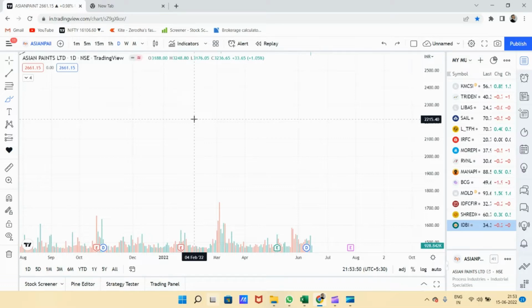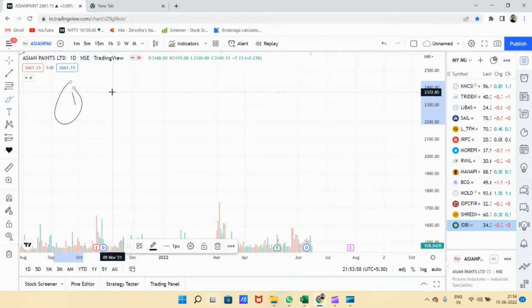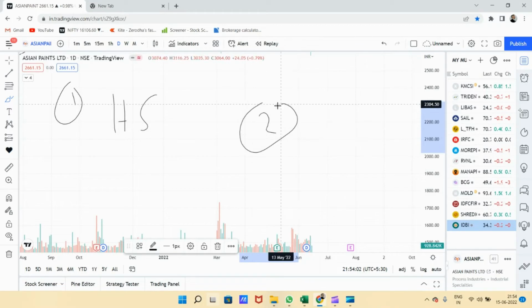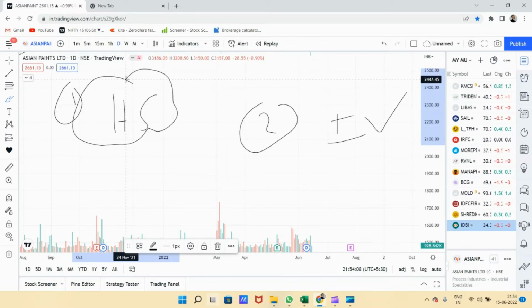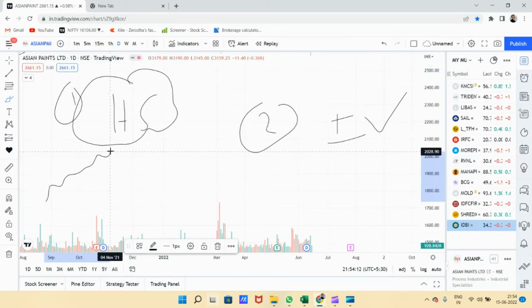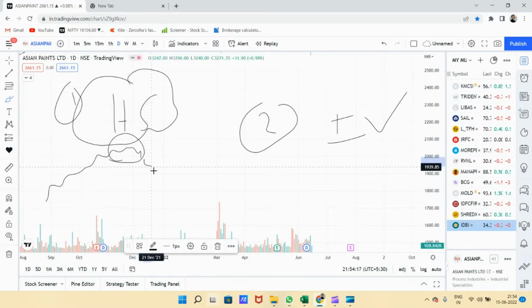So let's see. First we understand there are two types of head and shoulders patterns. The first one is the normal head and shoulders pattern, and the second one is the inverted head and shoulders pattern. The head and shoulders pattern happens only when the stock is going up and then coming down, so it only happens in the distribution phase.